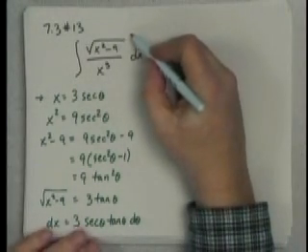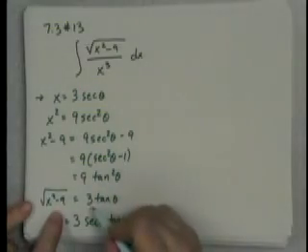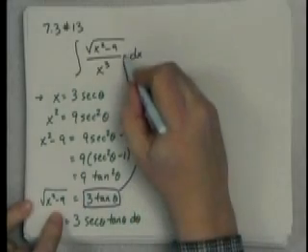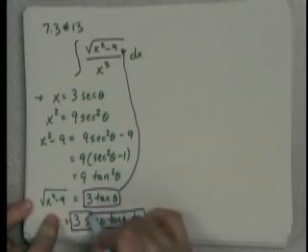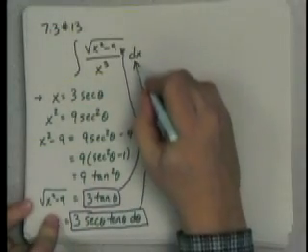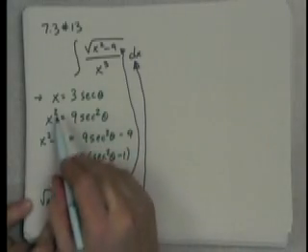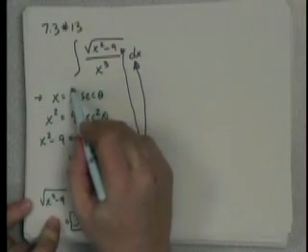Okay, so the top is the square root of x squared minus 9. That's going to be 3 tan theta. dx is going to be 3 secant theta tangent theta d theta. I haven't really solved for x cubed, but x is 3 secant theta, so I'm just going to cube this part.